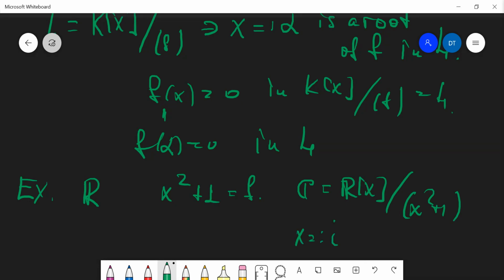So this is how you produce the field of complex numbers. So this is the generalization of this procedure. You may start with an arbitrary field, and then you take an arbitrary irreducible polynomial, and you can extend your starting field to a larger field where you have a root for your irreducible polynomial. So this is the procedure.